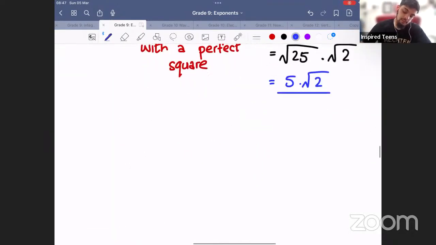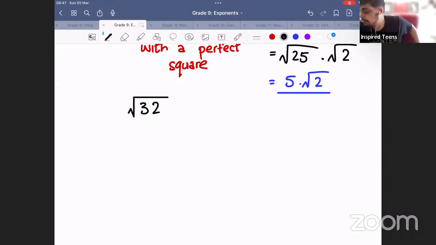Okay, let's do another example. Let's say square root 32. Can somebody give me a perfect square that goes into 32?